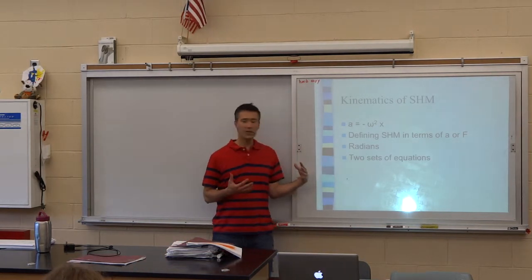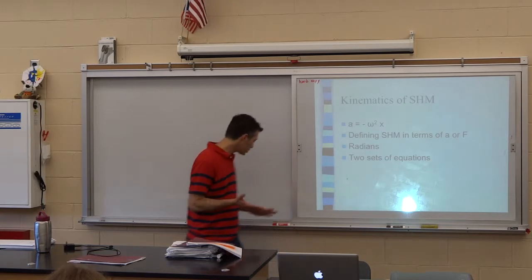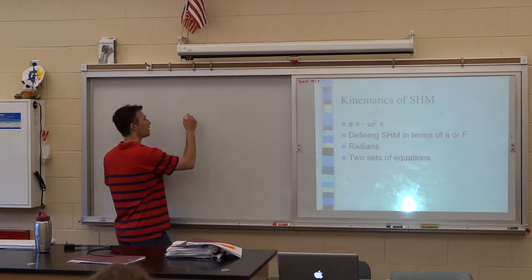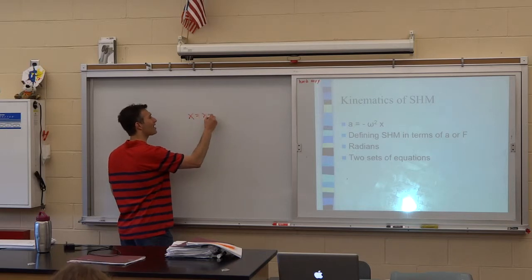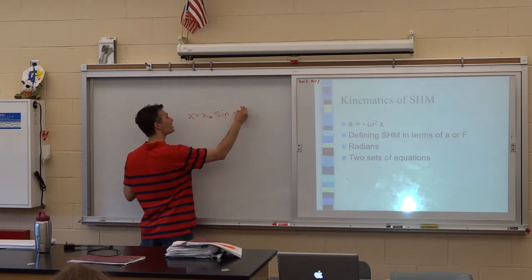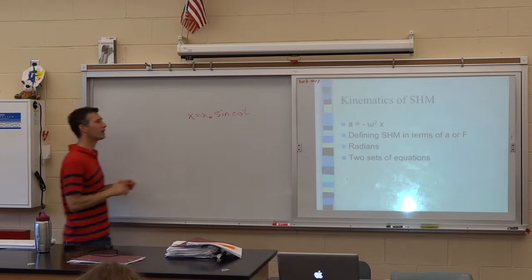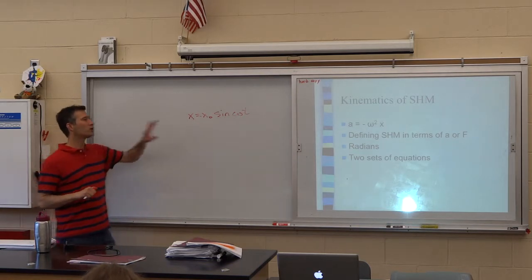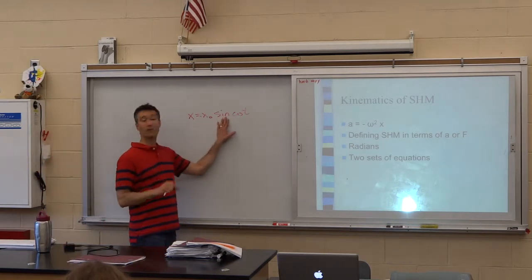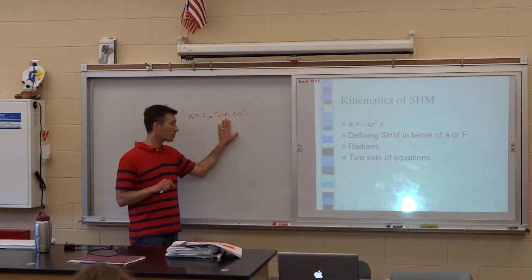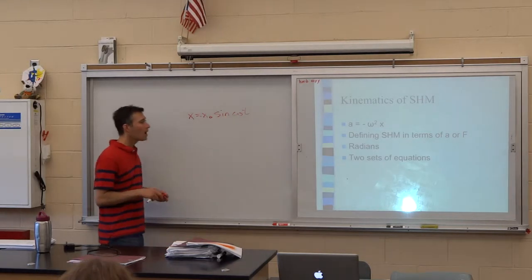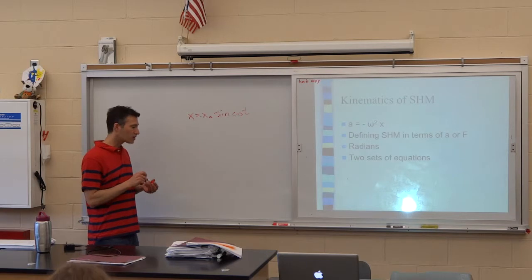When we are using our simple harmonic motion equations, which look like x equals x naught times sine omega t. I think that one actually might have a negative sign in it. But when we're using these equations, which do have trig in them, we need to be having our calculators in radian mode. Right? Not degree mode. And we did have 2 sets of equations in our data booklet.